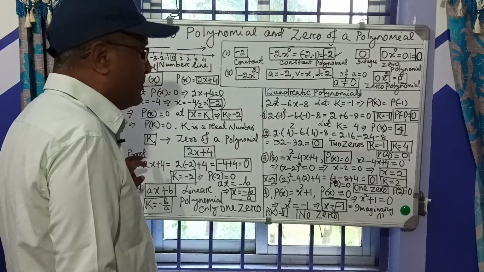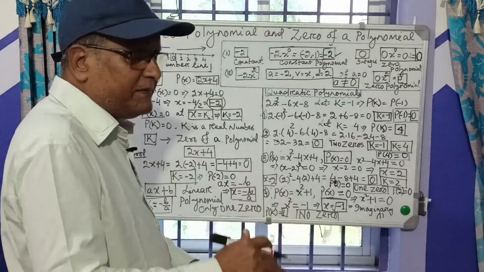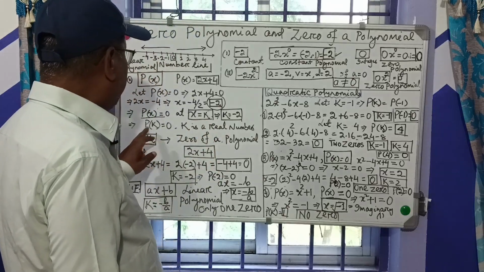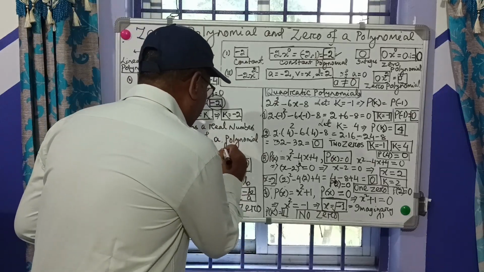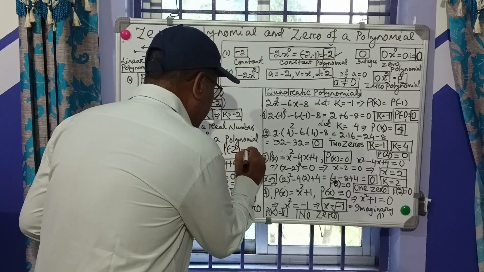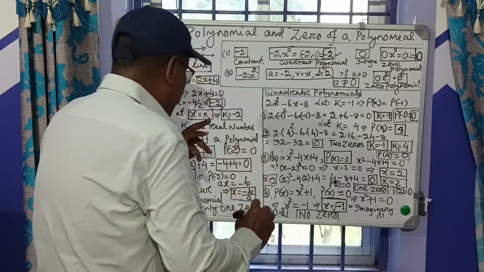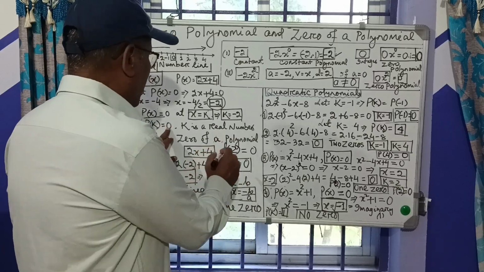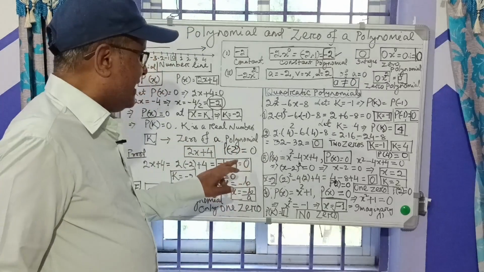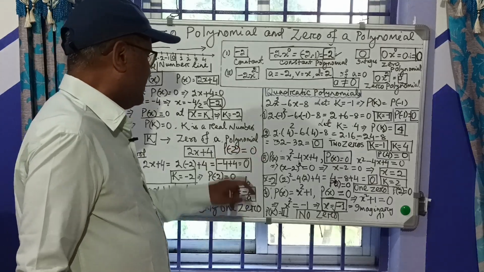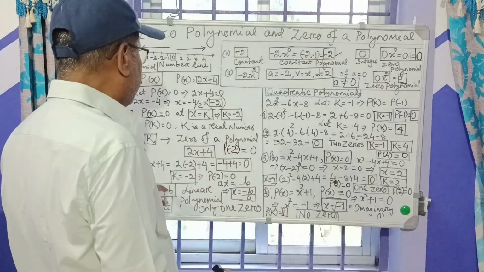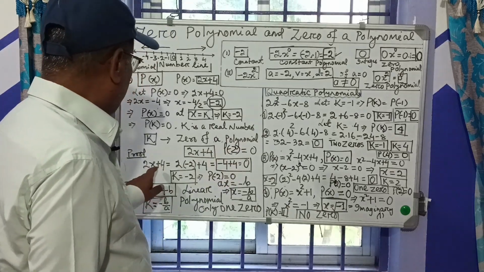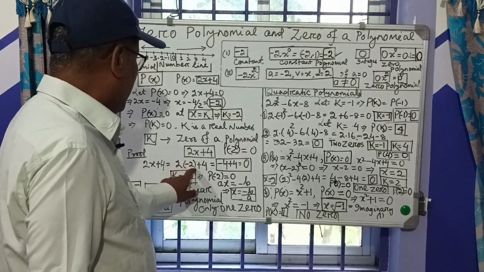Let us prove it. Let us put the value of k here. Simply we write p(k) is equal to 0. Here k is minus 2, so we write p(-2) is equal to 0. In place of x, let us put the value of k, that is minus 2. Here you see 2 into minus 2 plus 4.